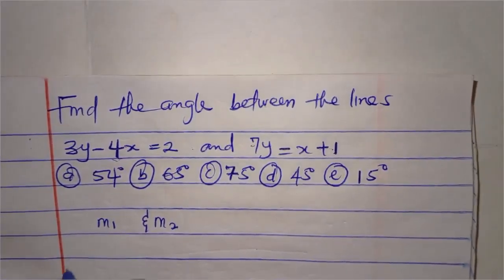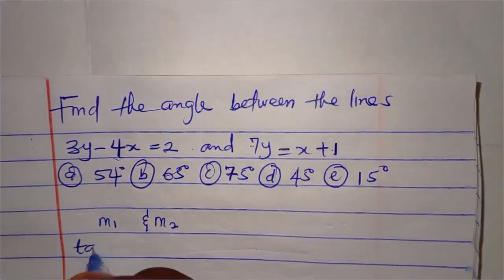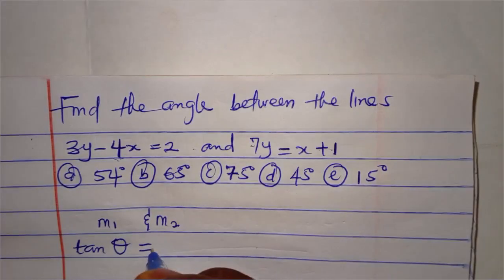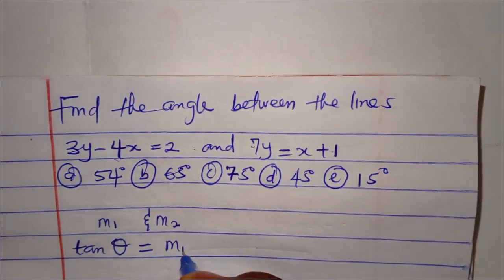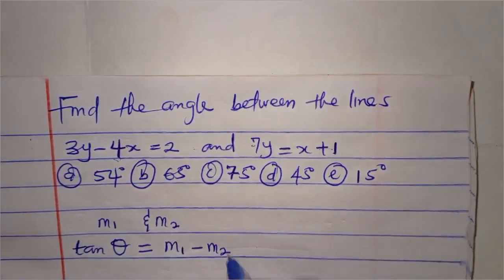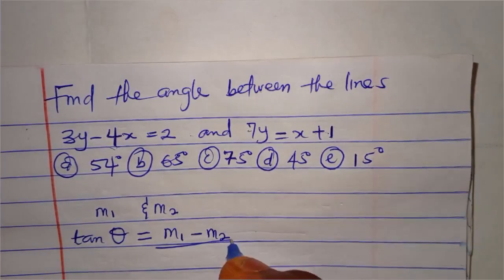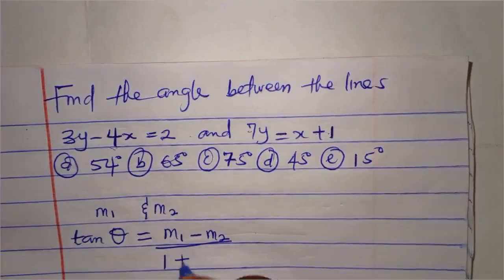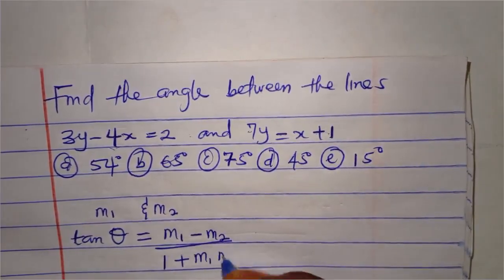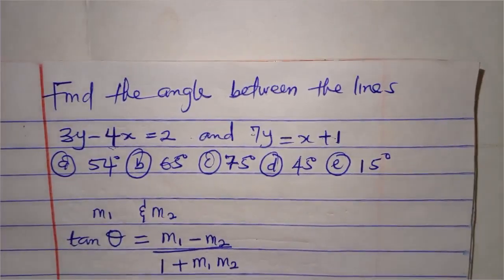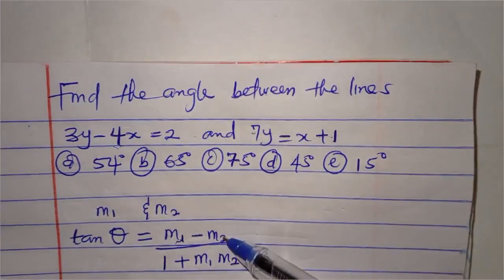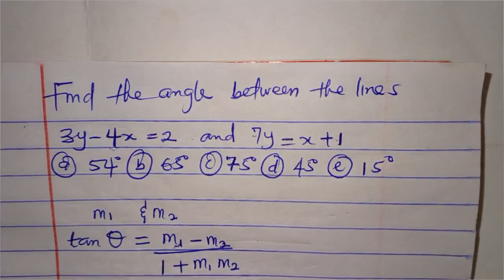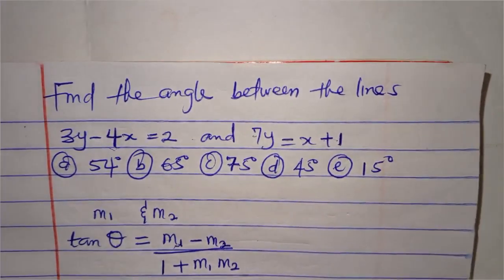So the angle, which is theta, we have tan theta equal to (m1 minus m2) divided by (1 plus m1 m2). m1 is the gradient of the first line, m2 is the gradient of the second line. So theta is the angle between the two lines.